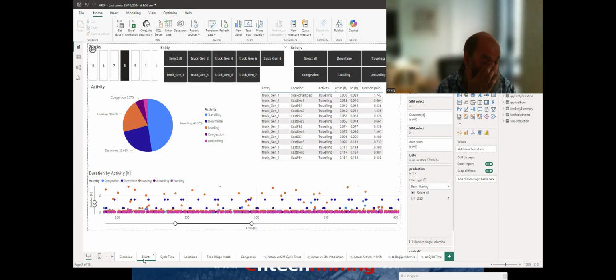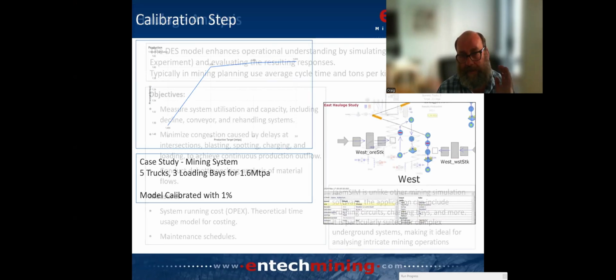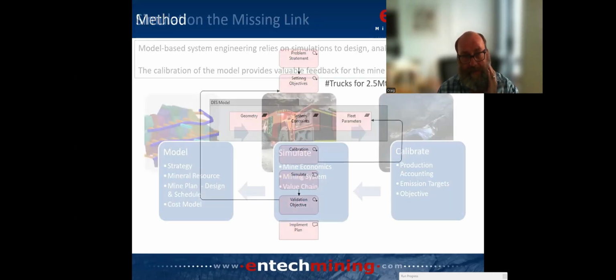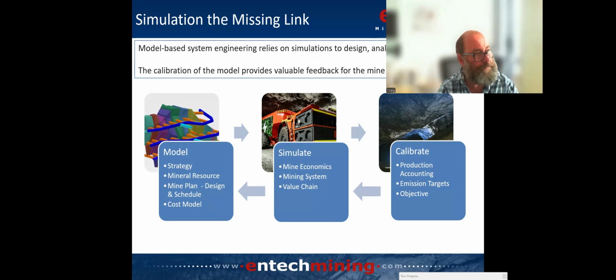Knowing that I come from a model-based system engineering background, which is quite unique. I used to work for Dassault Systems, and this way of doing things around calibration and simulation is practiced in other industries, particularly in aviation and NASA and stuff like that, space exploration.